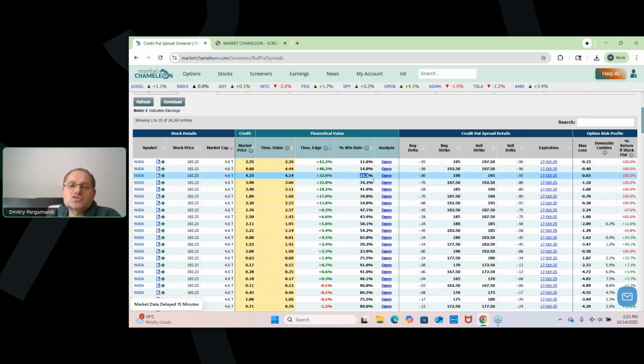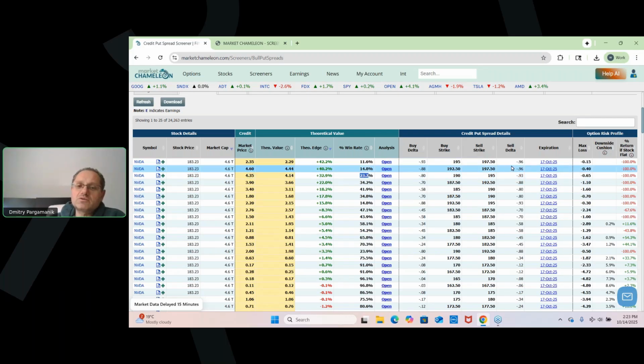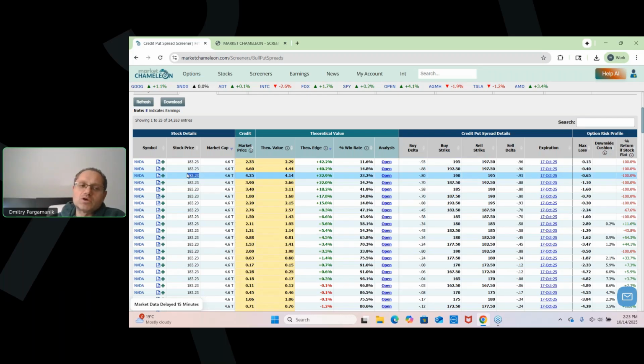So this is showing us it's 23.2%. So 23.2% of the historical moves would have resulted in this being profitable. So you could see here, the stock is at 183.23, and we're below that 190, 195.